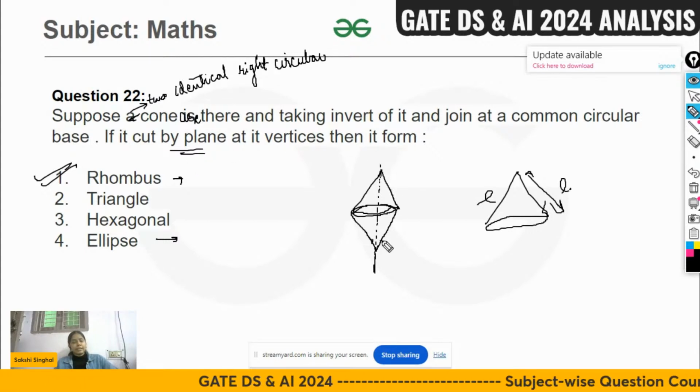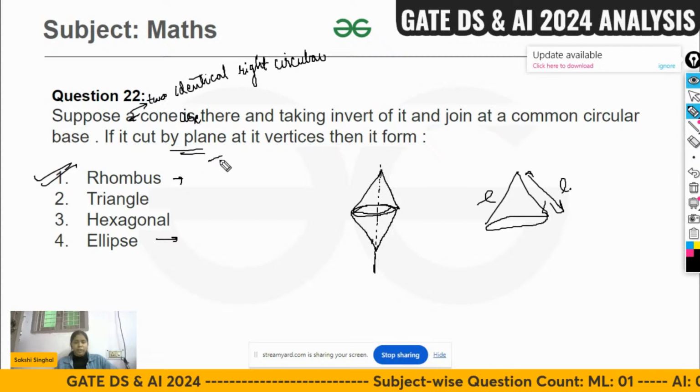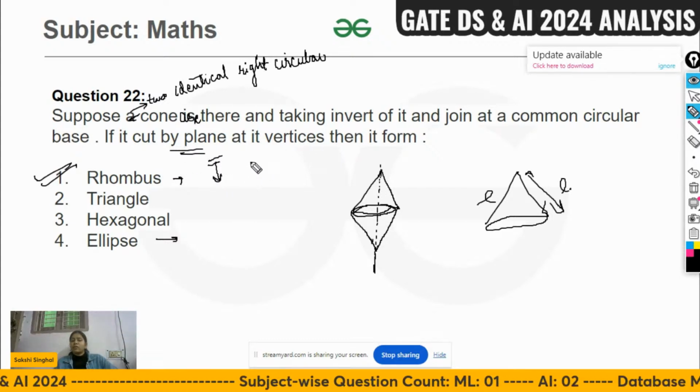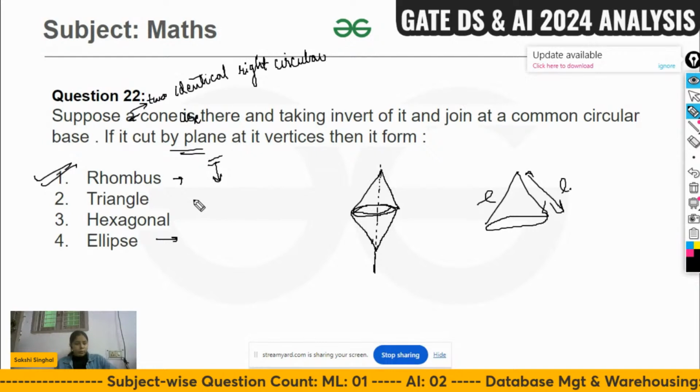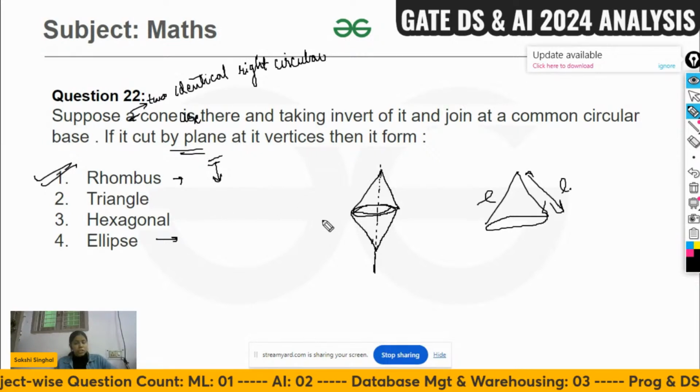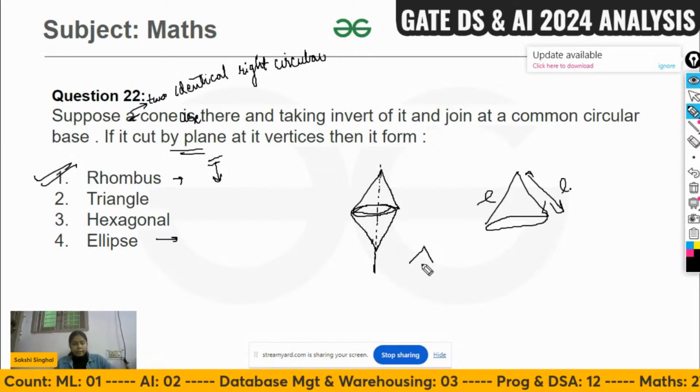Just confirm whether they are asking for the inner shape or the outer shape. If they are asking for the inner shape, then it would be a rhombus. But if they are asking for the outer shape, it would be something like that.